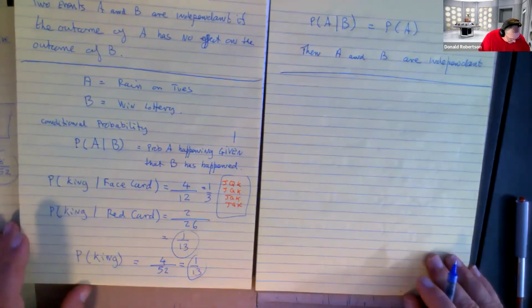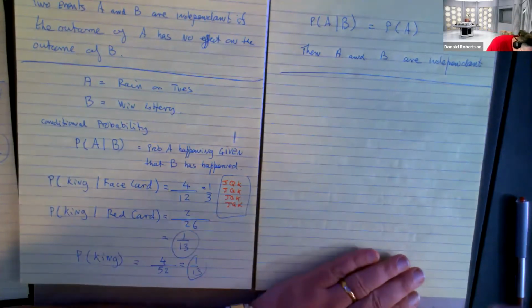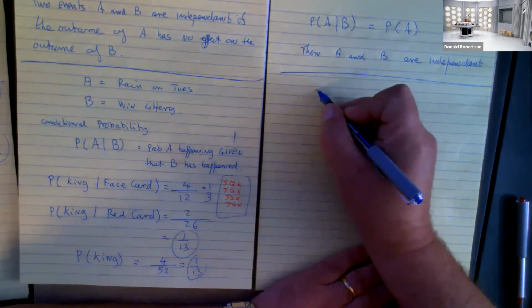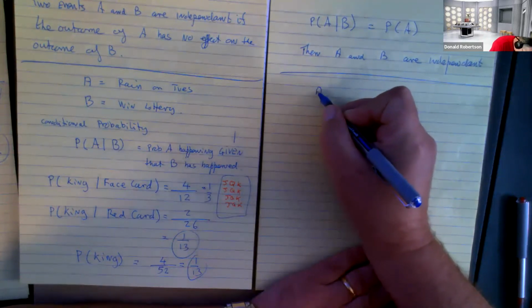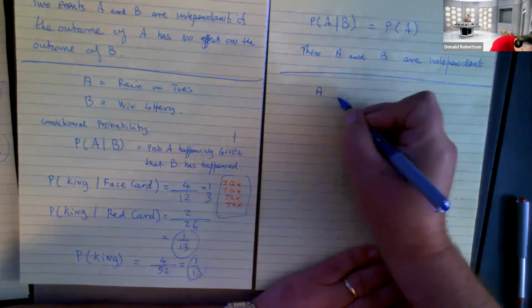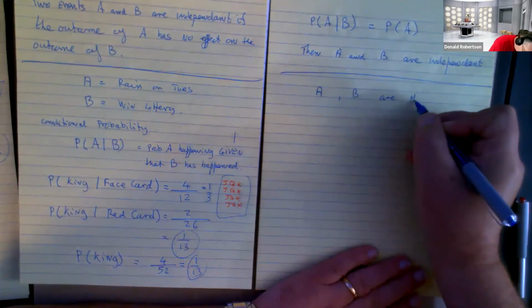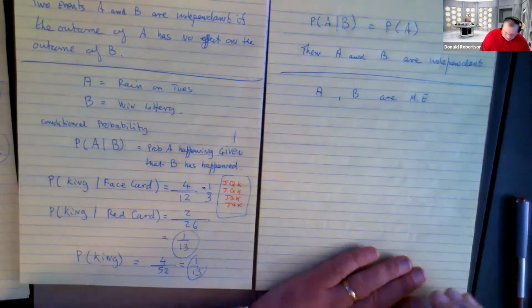So now I'm going to show you a bit of theory, which kind of freaks people out, but it's actually very simple. Suppose I take A, and what shall I pick for A? Well, let's pick A and B are mutually exclusive events, okay?